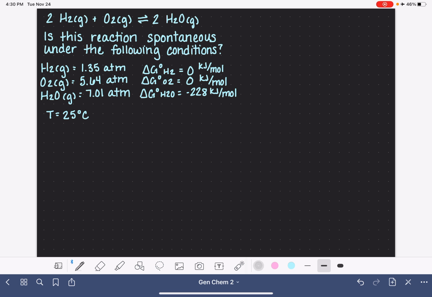Because these pressures are not equal to 1 atmosphere, we know that the conditions are non-standard, which means that we're trying to figure out not necessarily the value of delta G, but just simply the sign of delta G. Is it a positive number or is it a negative number?